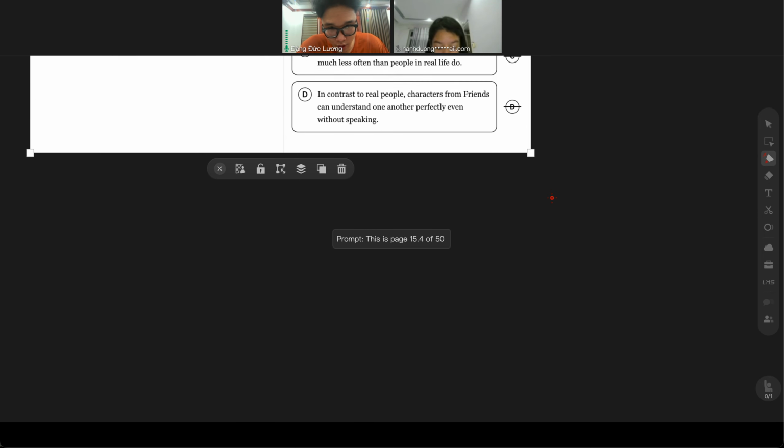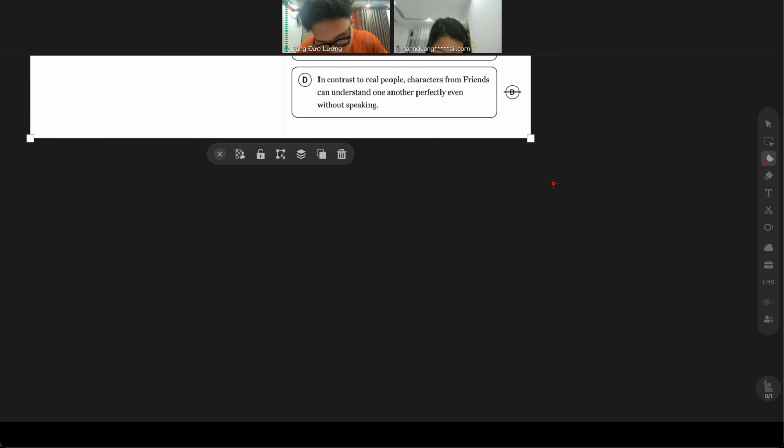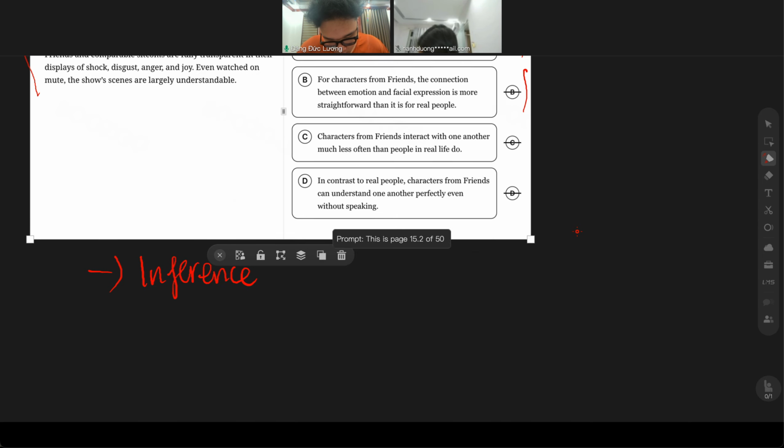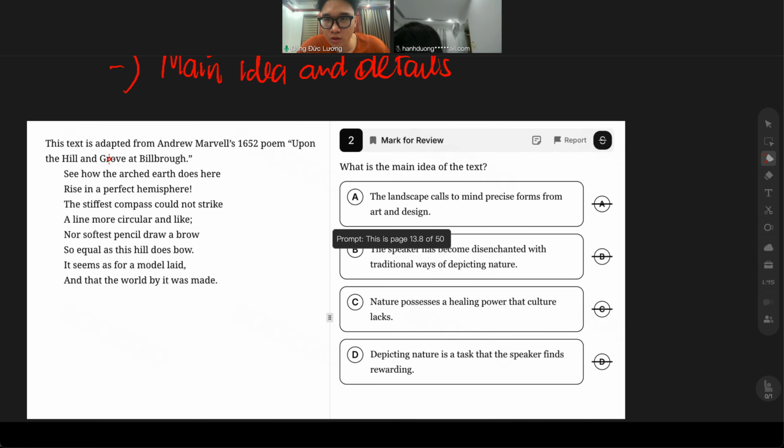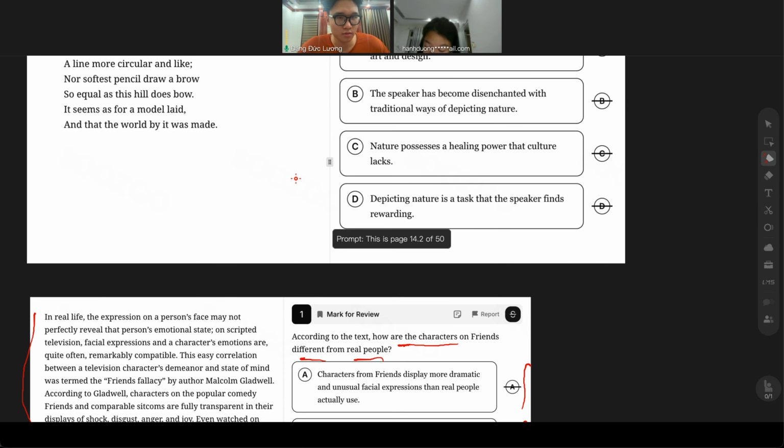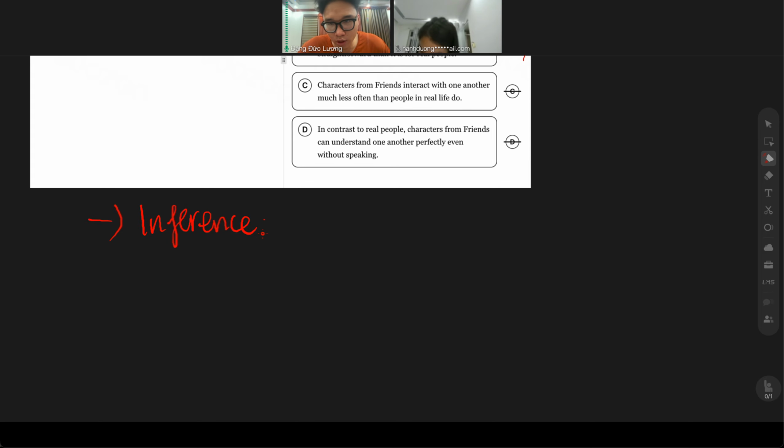The last kind of question in that big zone is inference. As I've said before, it is very similar to the main idea question. It will require you to infer, but actually the answer is always something already mentioned in the text.